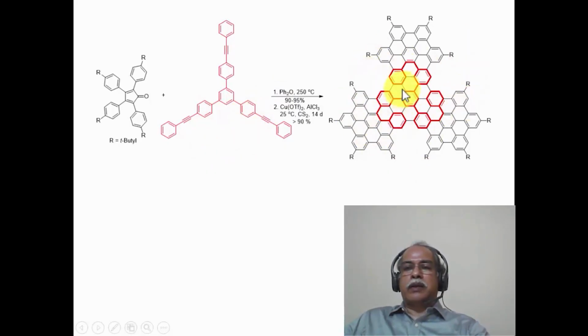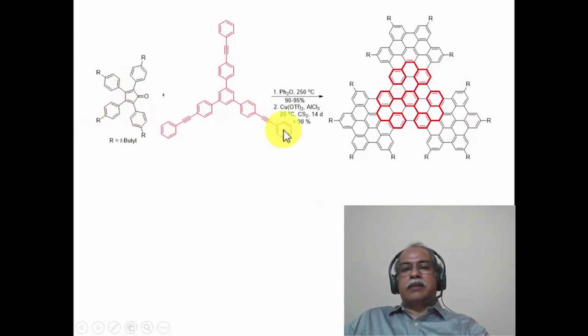This is called super triphenylene kind of a molecule. This is essentially produced by the triacetylene, which is shown here, with 3 equivalents or more of the tetracyclone as the derivative. The red portion in this particular structure essentially corresponds to this molecule, and the black portion essentially corresponds to the tetracyclone unit here, for example.